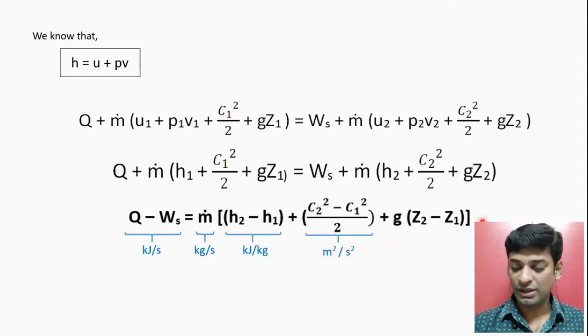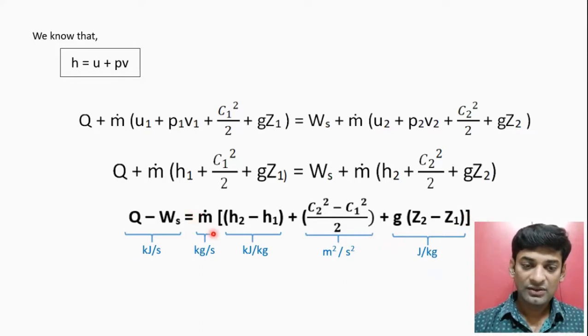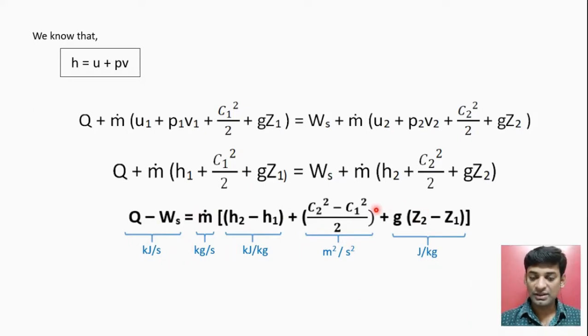The unit of potential energy is joule per kilogram. You can observe that for the first three terms, the units are kilojoule, kilogram and kilojoule. For the last two terms, you can observe instead of kilometer, it is meter. Instead of kilojoule, it is joule. So I am going to convert this into kilo form.